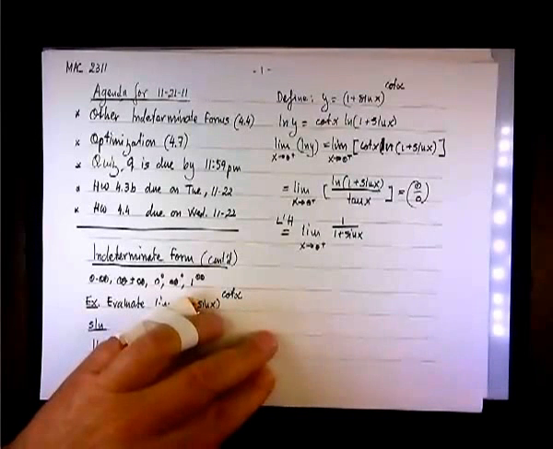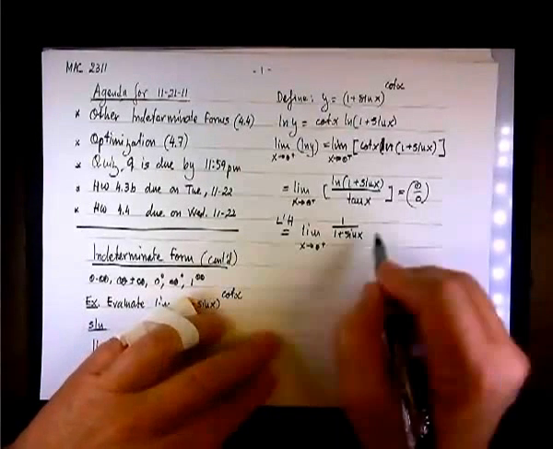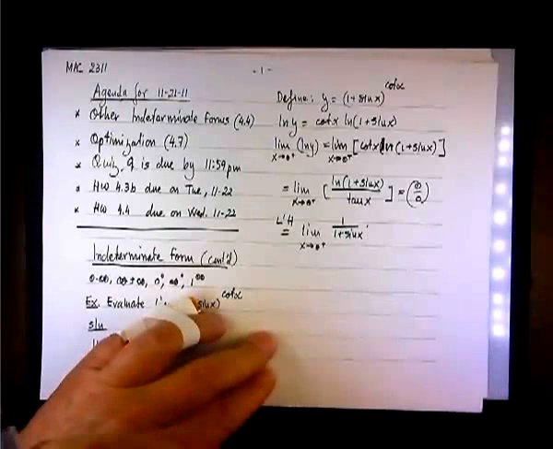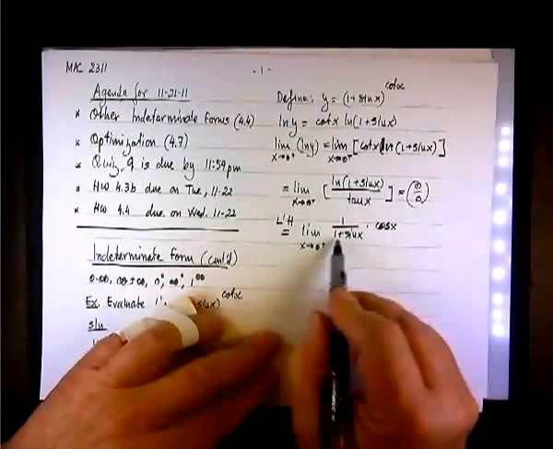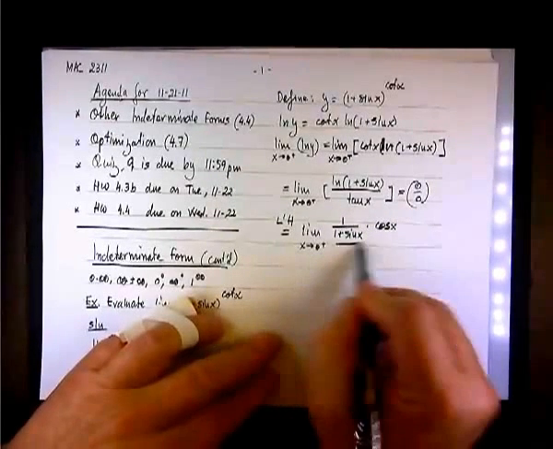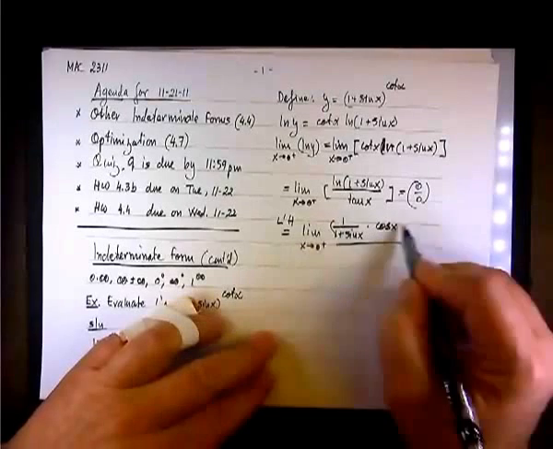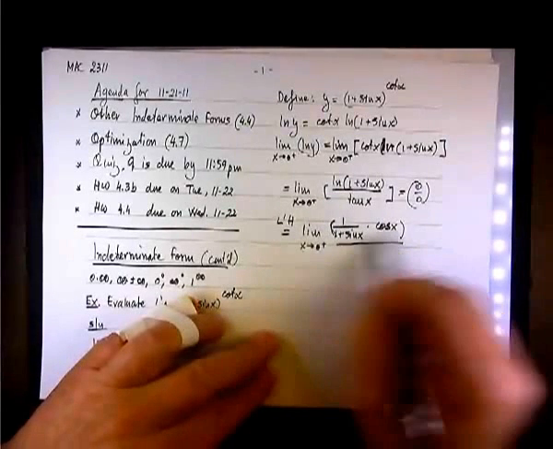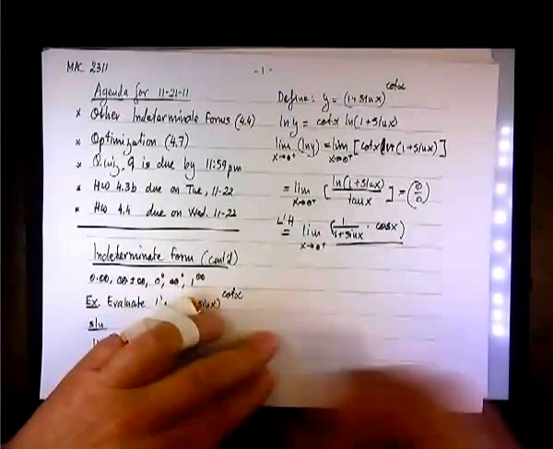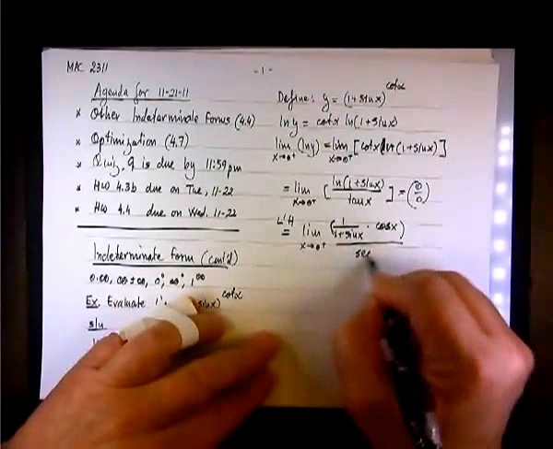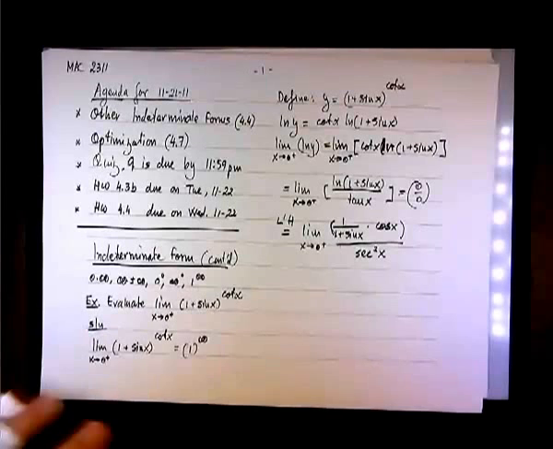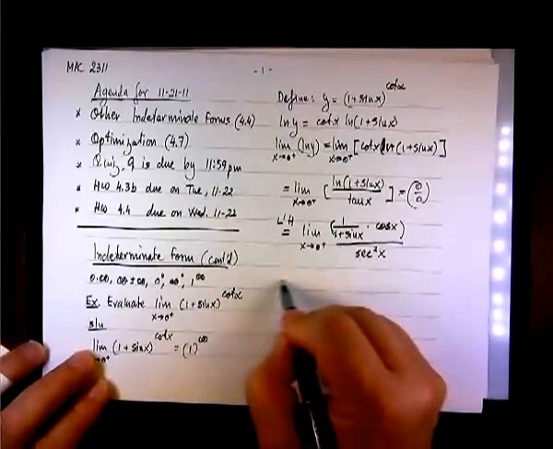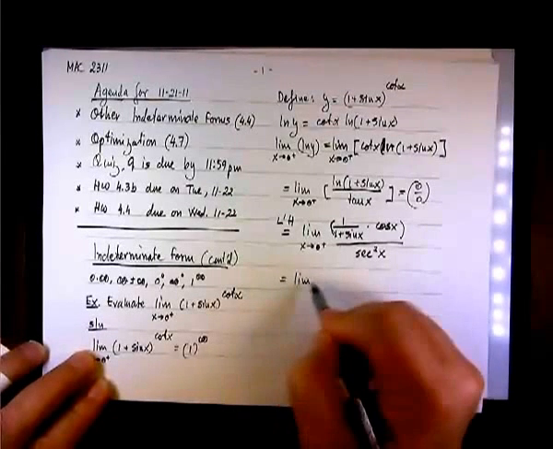In this case, it will be 1 over 1 plus sine x on top, but then I need to multiply by the derivative of 1 plus sine x, which is cosine x. The derivative of the tangent is the secant squared. So let's see where we stand with this one.